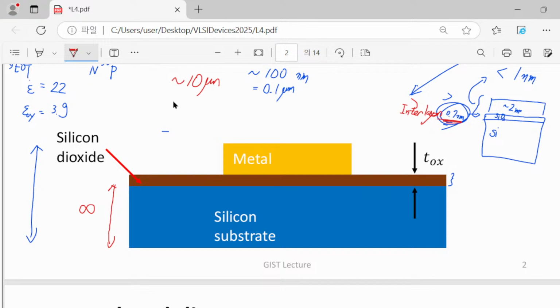So what is the meaning of this infinitely thick? Means that in reality, our wafer is more or less 550 micrometer thick or 600 micrometer thick. But we are now talking about this entire wafer thickness. When we say the substrate, usually we are talking about certain doping well.